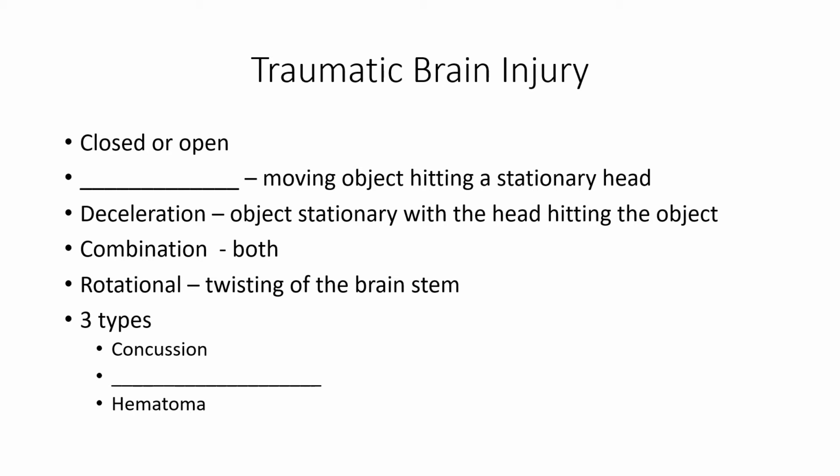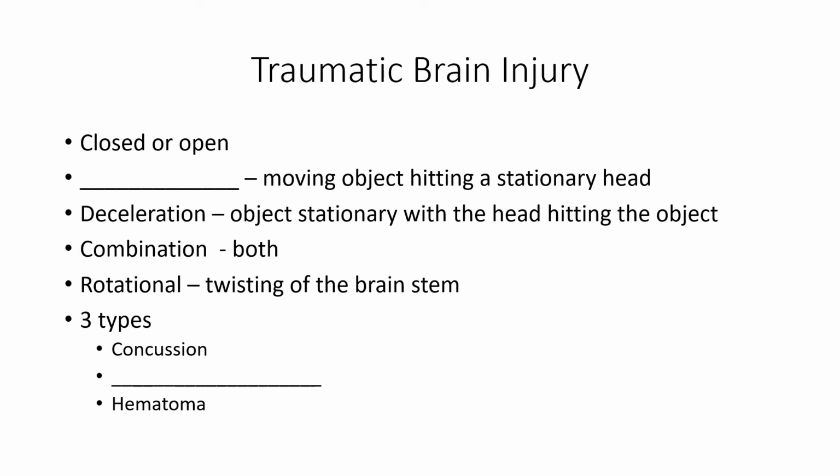You can have an acceleration injury, which is a moving object hitting a stationary head. An example of this is being hit with a bat. Deceleration is when the object is stationary, but the head hits the object. This would be an example of someone falling. Your head is coming towards the stationary object.